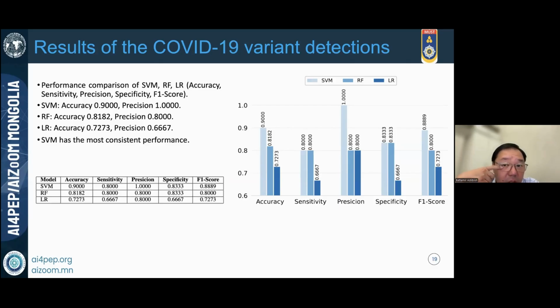And logistic regression lagged behind at 73% accuracy, limited by the small data set maybe. So this demonstrates that kernel-based methods, such as the SVM, are much more effective for Raman spectroscopy.